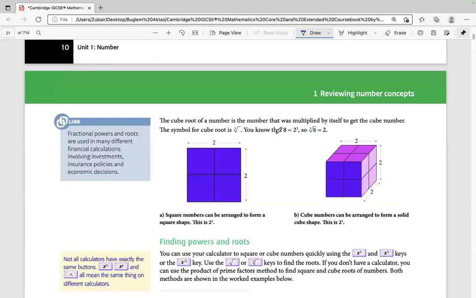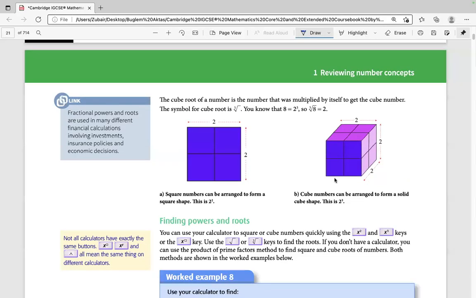Okay, now the visual representation. What square means, that is two-dimensional. What cube means, that is three-dimensional. Or the number is multiplied with itself 3 times or 2 times, and so on. This was the square of 169.